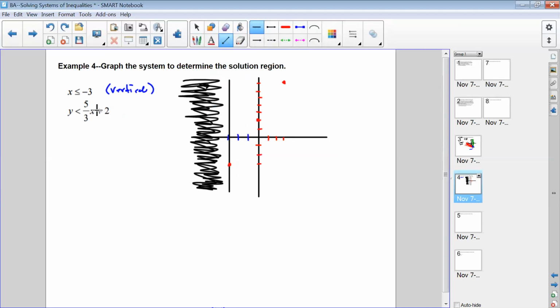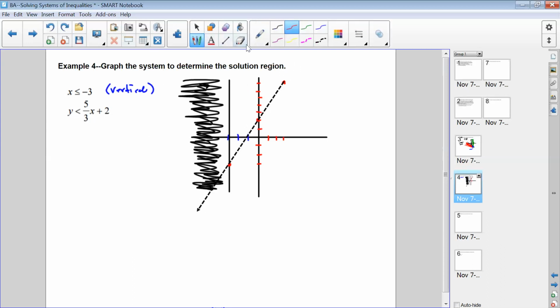And this would be a dotted line. Let me change that. I need a dotted line here. And I want everything less than this line.